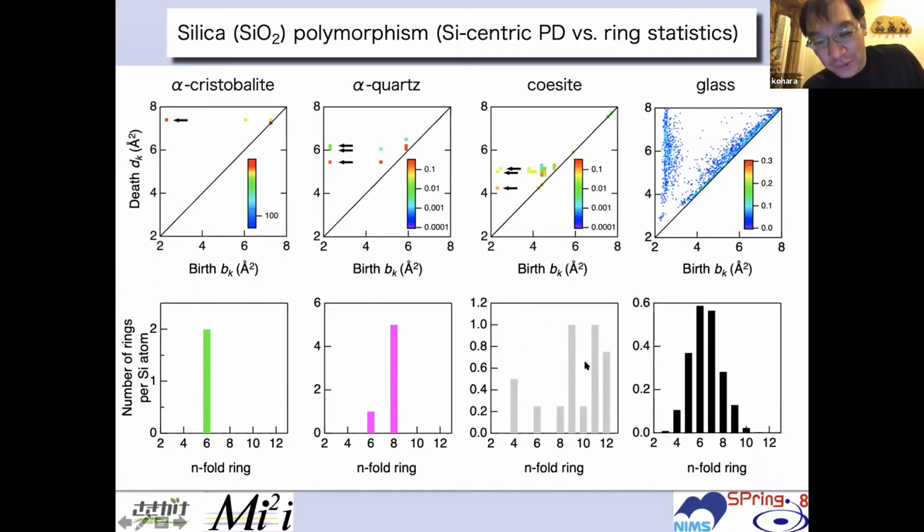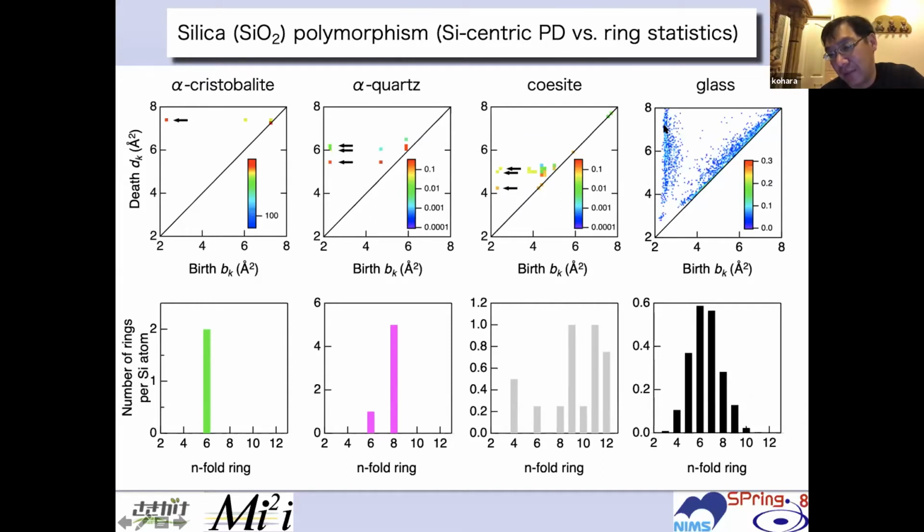It's really topologically disordered, even for a crystalline phase. So I think this is between a crystalline phase and a glassy phase. Even though this is a crystalline phase, it is some sort of disordered crystal for me. This is the glassy phase, and this is the persistence diagram for silicon atoms, the silicon-centric persistence diagram.